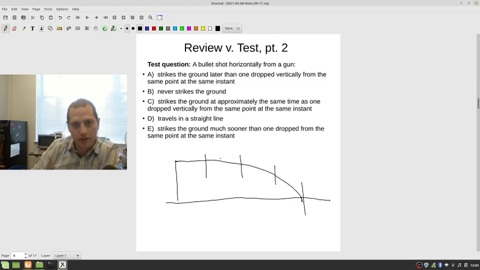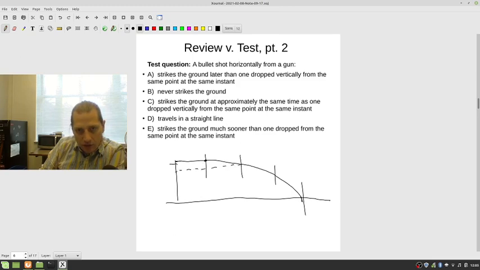Okay, so something like this. And if you look at where it's going in height, it's going to be dropping like this, where each second it's moving further down because it's being accelerated by gravity.